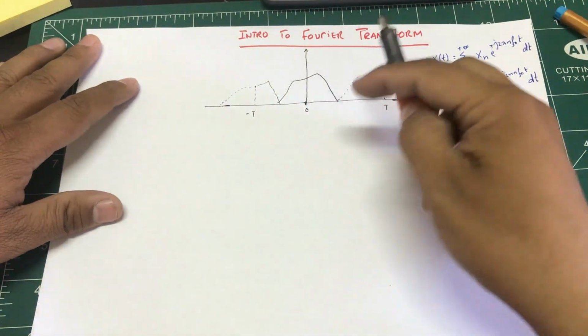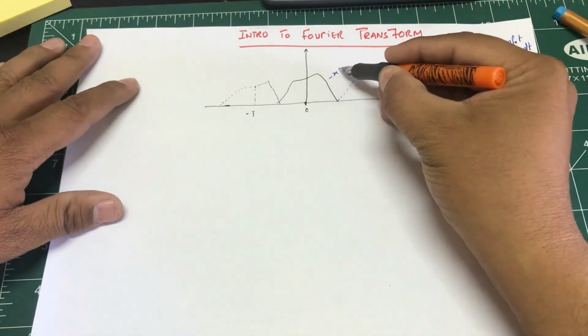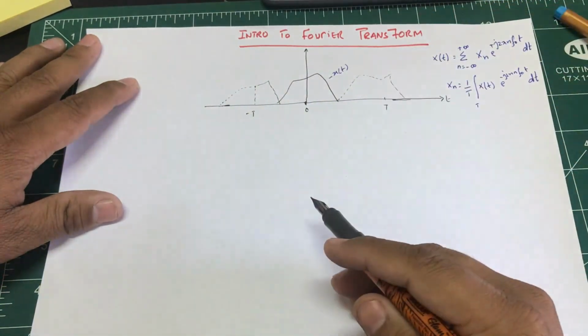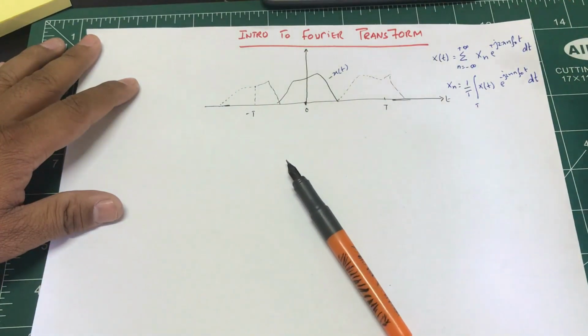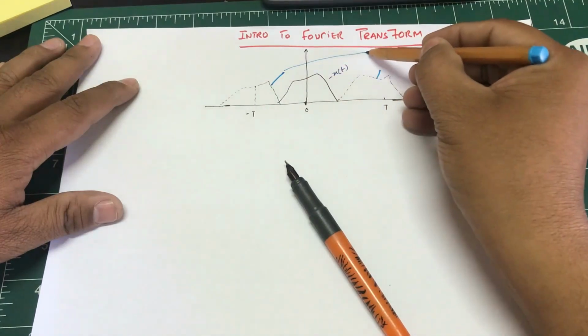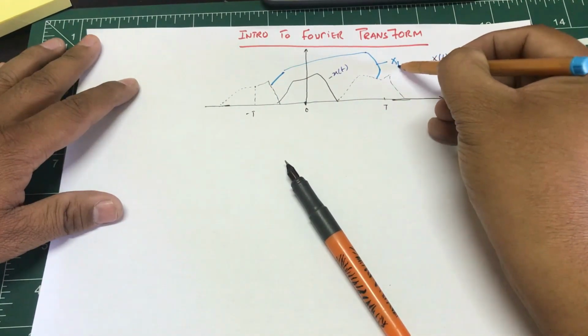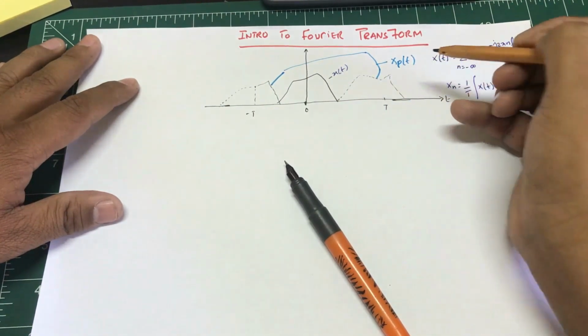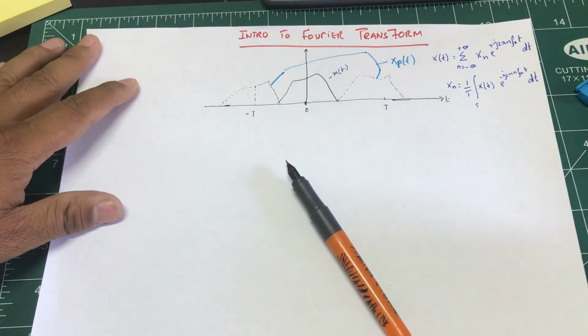So this is my actual signal, which is an aperiodic signal. Let's call that signal xp of t. These two elements that we are seeing, let's just call them xp of t. It is a periodic extension of my signal.